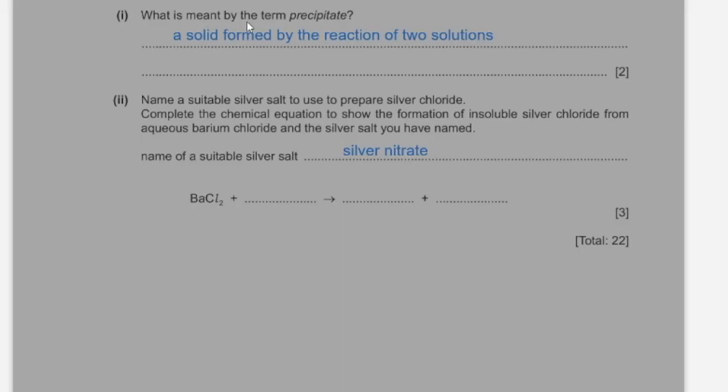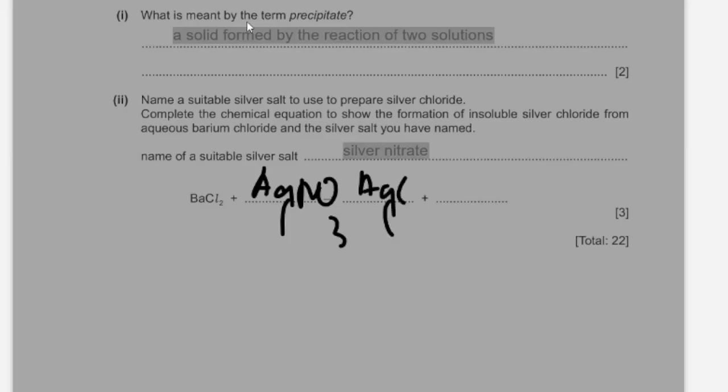Okay, so we have silver nitrate over here giving us silver chloride and also barium nitrate.